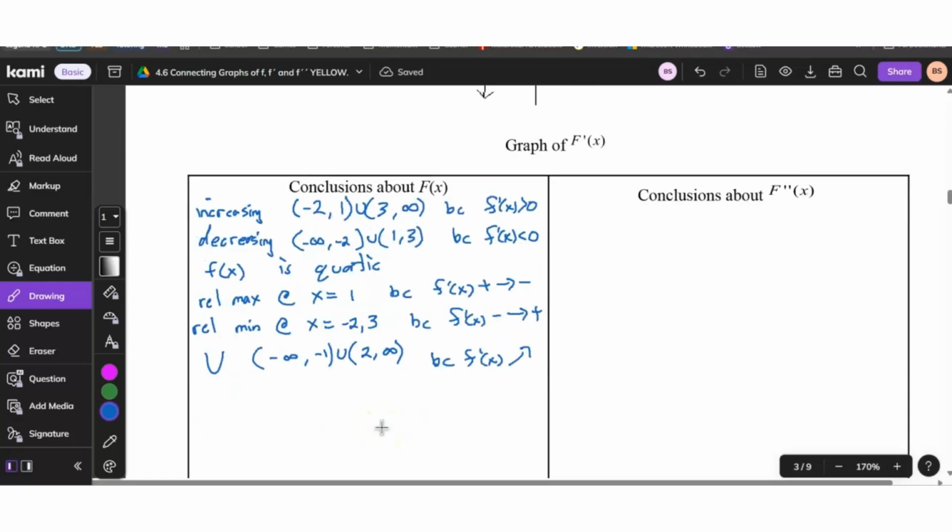All right, so the last thing that we can say is that it is concave down because f prime of x is decreasing. Yes, Amelia. So when we see a concave up in the original function, we can say that f prime is increasing. For example, in this one.